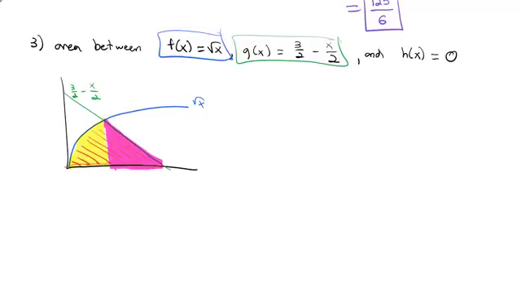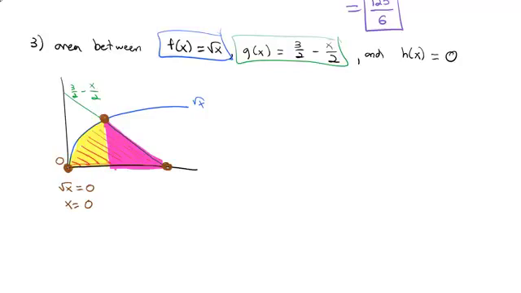Actually, we need to know a couple things. We need to know where the graph starts, where they intersect, and where we hit the ground. Where the graph starts on the left, that's where the square root of x hits the x-axis of 0. And if you square both sides, we see x is equal to 0 at that point.